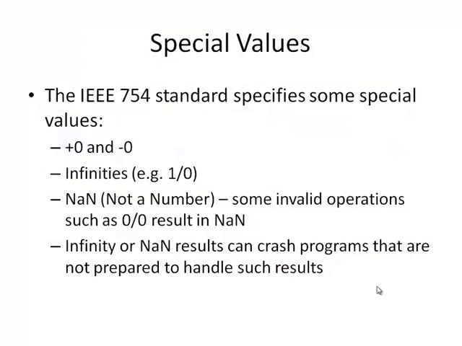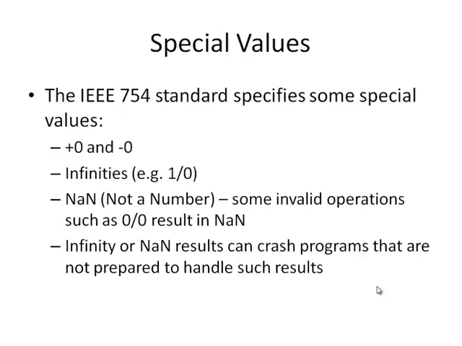There's a few special values as well in IEEE 754, values for plus and minus 0. It's also got values for infinities. For example, 1 divided by 0, well, that's infinity. Not a number, so you can get a special sort of error number in effect if you try and divide 0 by 0. And when you're developing programs, results of the infinities or the not a number results can result in a program crashing.